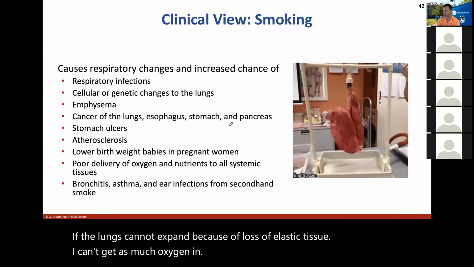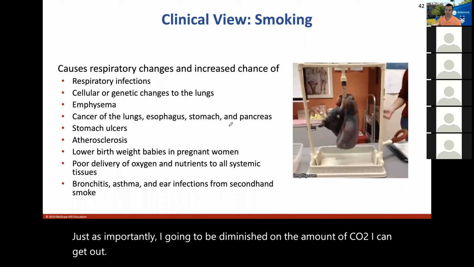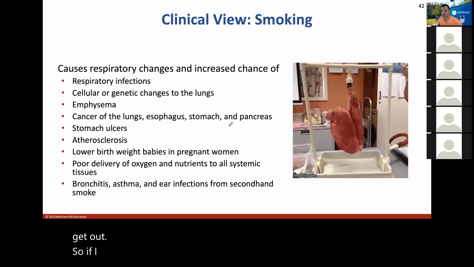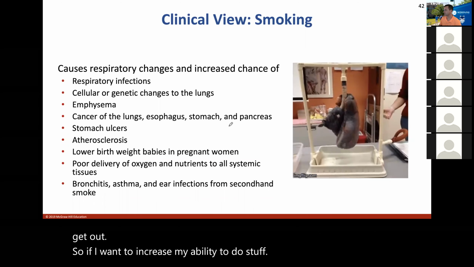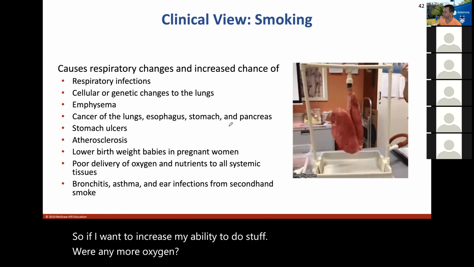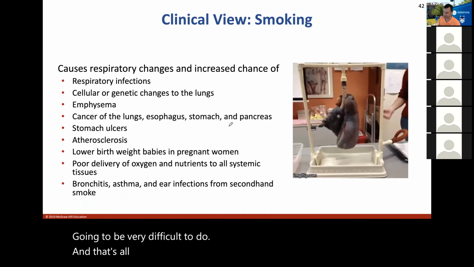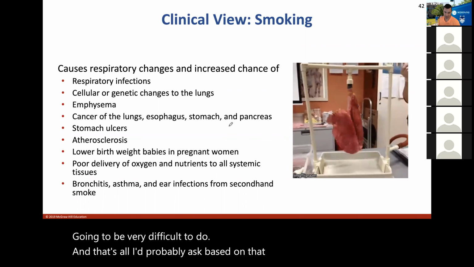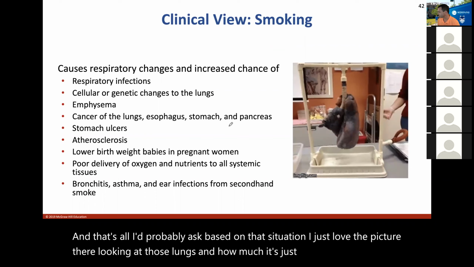Just as importantly, I'm going to be diminished on the amount of CO2 I can get out. So if I want to increase my ability to do stuff where I need more oxygen, it's going to be very difficult to do. And that's all I'd probably ask based on that situation. I just love the picture there, looking at those lungs.